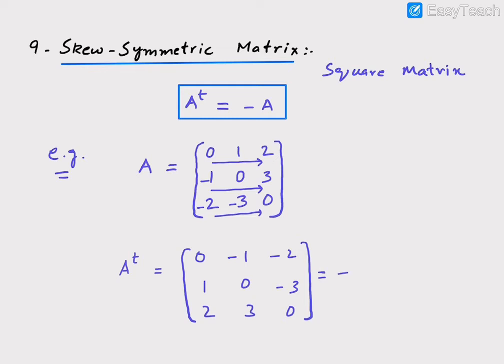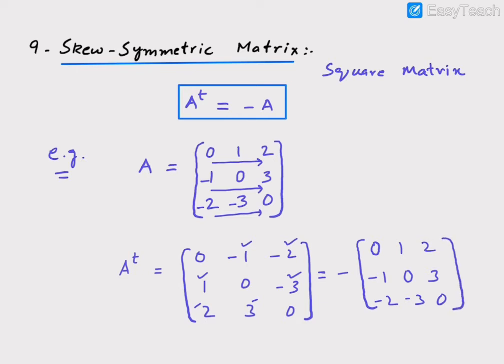When you take minus common from each element, the sign of each element inside the matrix changes. Negative numbers become positive and positive numbers become negative. 0 is neither positive nor negative, so write it as it is. Minus 1 becomes plus 1, minus 2 becomes plus 2. This 1 becomes minus 1, 0 as it is, minus 3 becomes plus 3. Similarly 2 and 3 become minus 2 and minus 3, and 0 as it is.